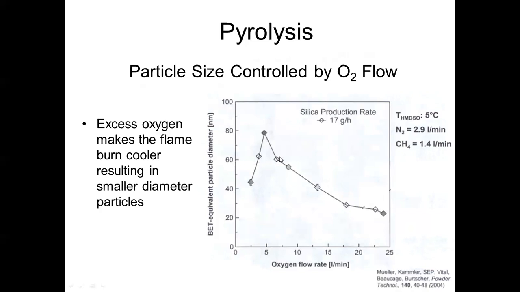So this is an interesting drawing, and as an economically viable engineer, I would explore this region here where I'm using less oxygen to get the same particle size. Again, particle size is controlled by a lot of variables that we're going to explore within this packet. One of them certainly is the flow rate of our oxidizer.